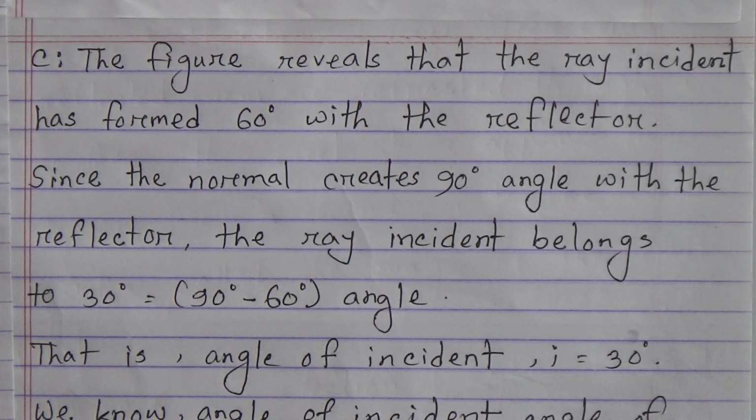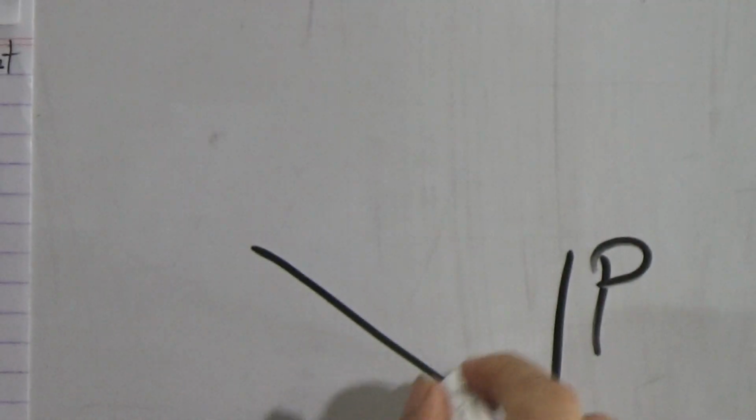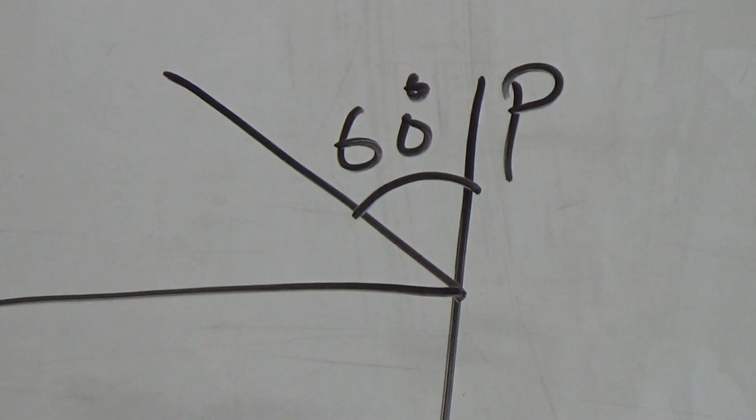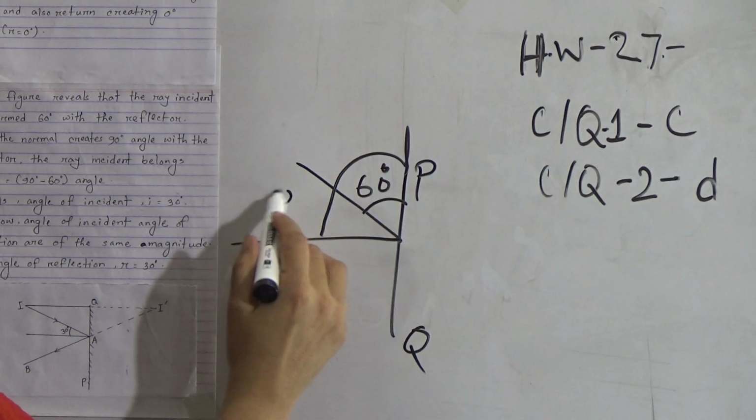My dear students, I am showing this figure. Here PQ is a reflector and the ray makes 60 degree with it, but we have to consider that there is a normal, and we know the angle between the normal and the reflector is 90 degree.